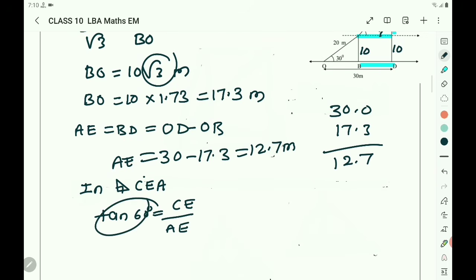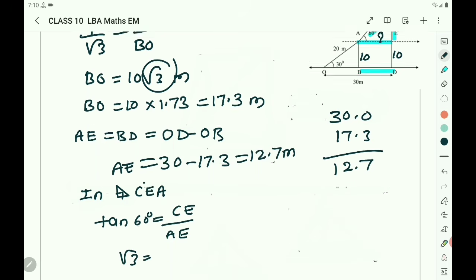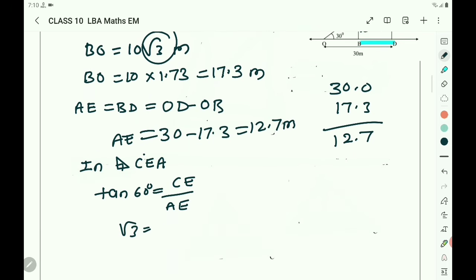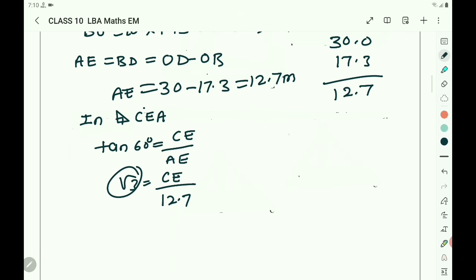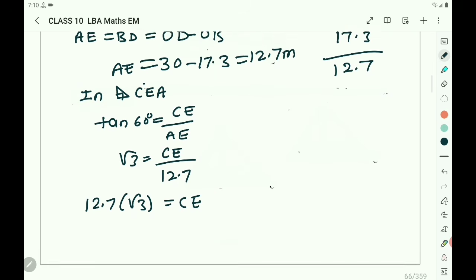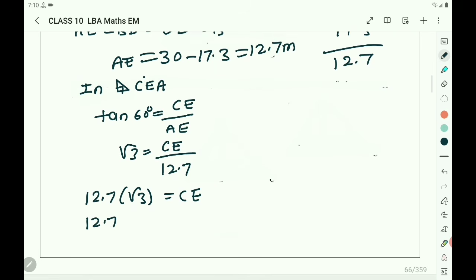Tan 60 is root 3. CE is to be found out. AE is 12.7. Then do the cross multiplication. 12.7 into root 3 equals CE.